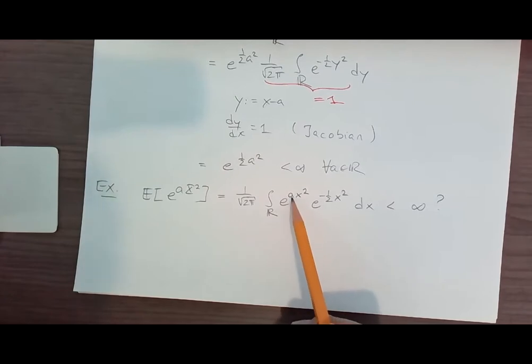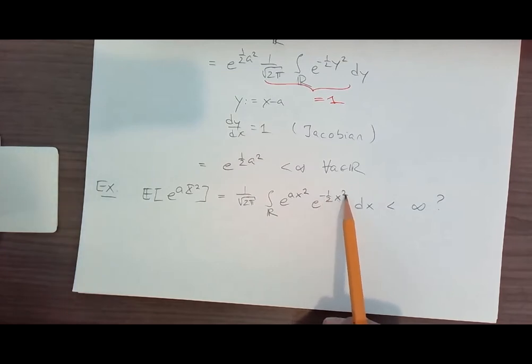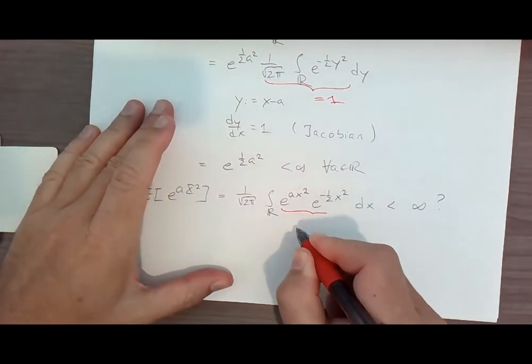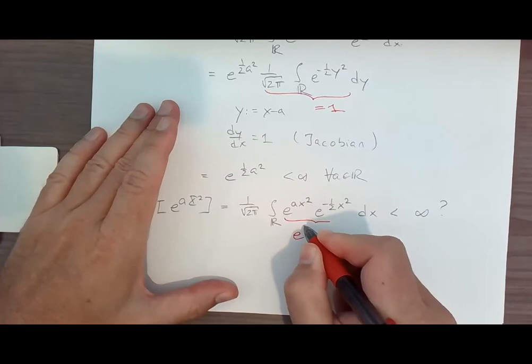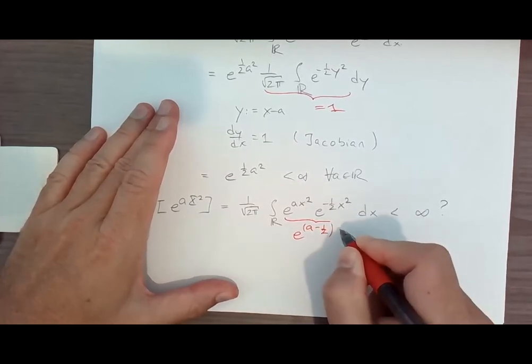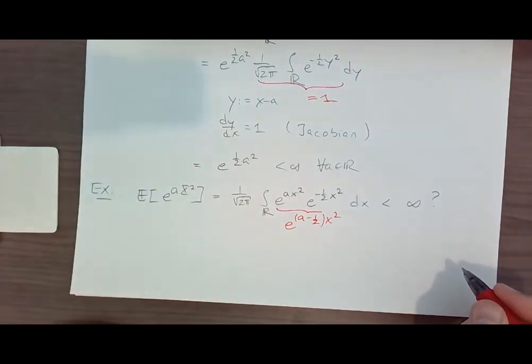What you want to do is look at e to the ax squared, and I have minus 1/2 x squared here. So I can combine these two into an e to the a minus 1/2 x squared. When is such an integral finite?